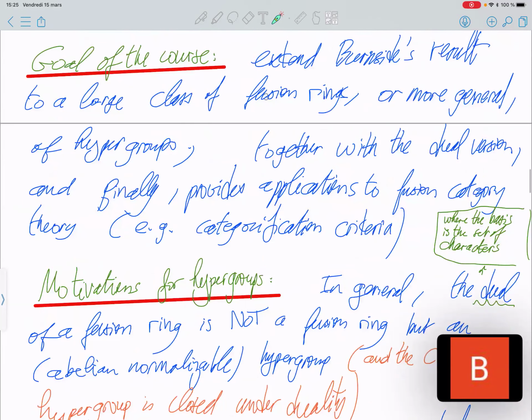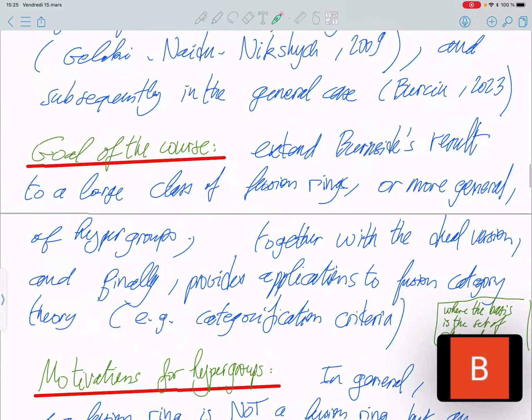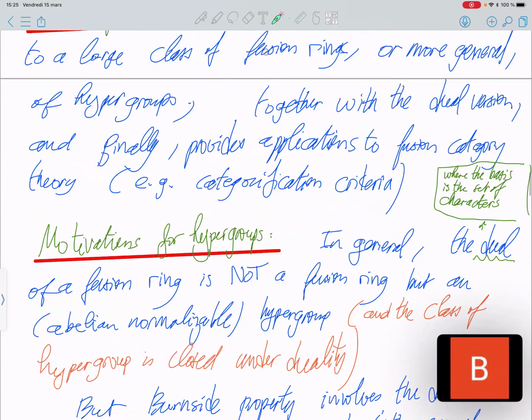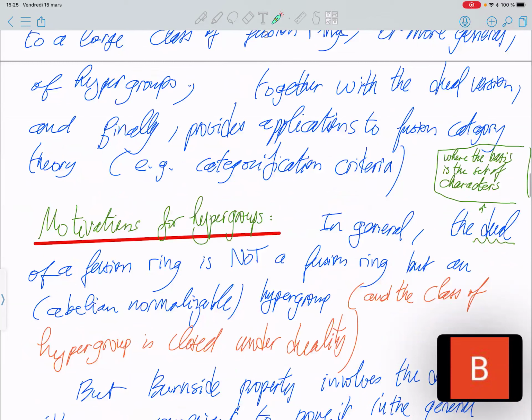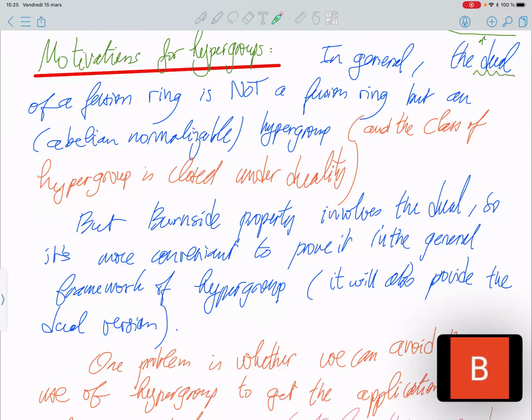Okay. So the goal of the course is to extend such result to a large class of fusion ring and more generally to hypergroup. And we explain the motivation for hypergroup. So the use of hypergroup may be a bit complicated, but we explain there are two reasons why we use that.